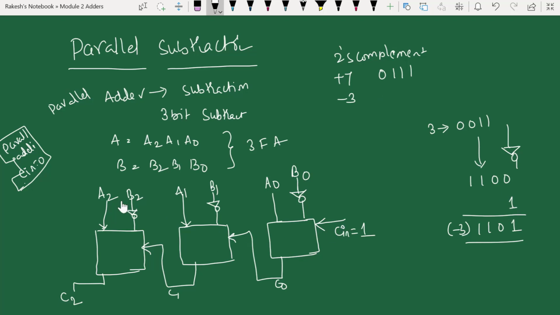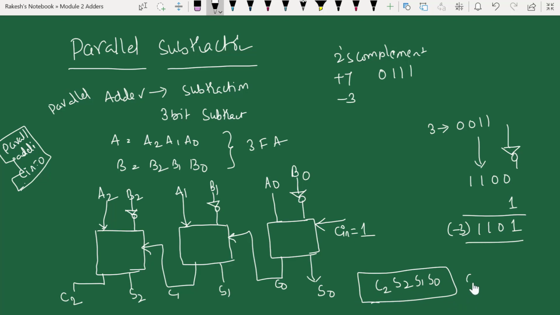Now your A bits are the same, your B bits are getting complemented, and to this complemented number you have added 1. Whatever result you get, that is C2, S2, S1, S0. This is my result.